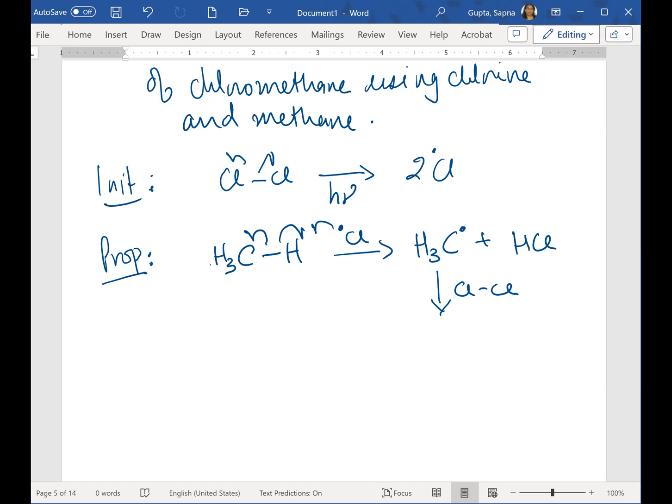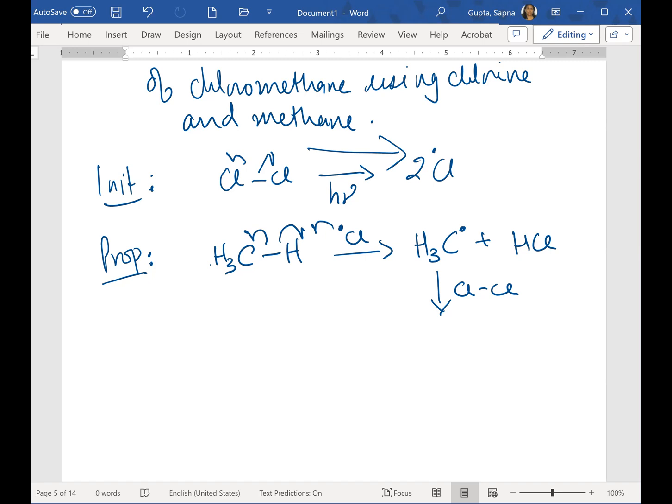Now, you can do things stepwise. What that means is you can take chlorine and give it light for, let's say, 10 minutes. For 10 minutes, I'm just going to shine light on the chlorine and make the radicals. Once I've made the radicals, I'm going to add the methane to this reaction system. Once you add the methane, the radicals are going to start reacting, which means you're driving this reaction even more forward.